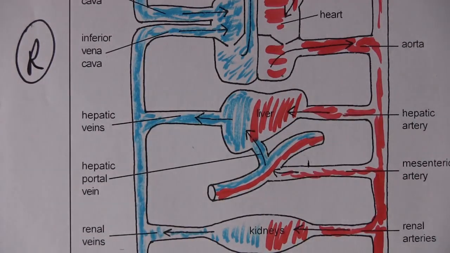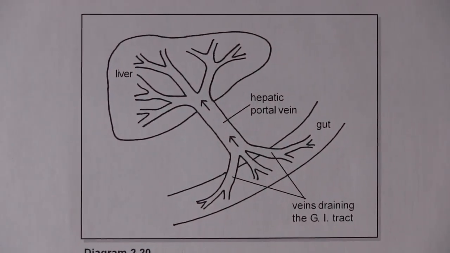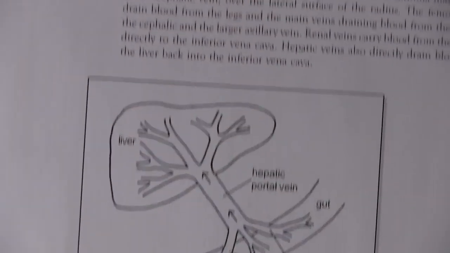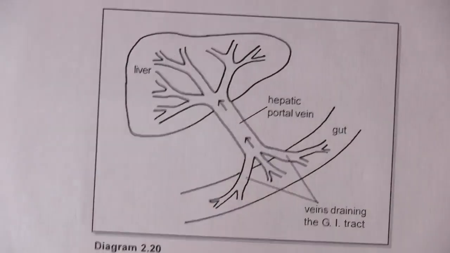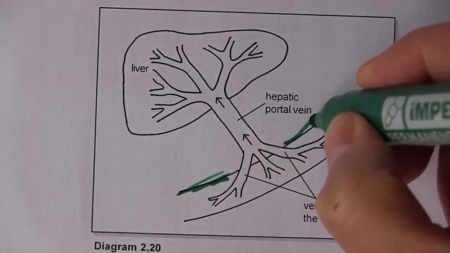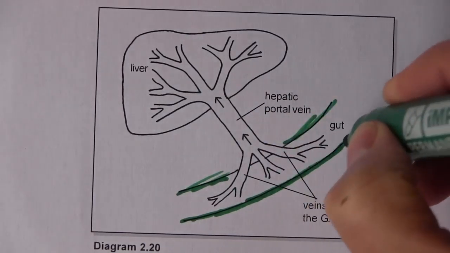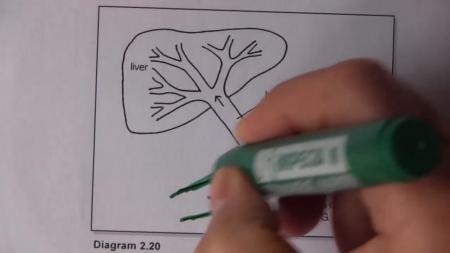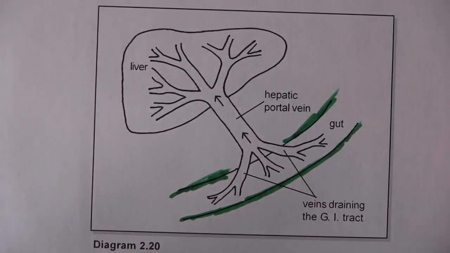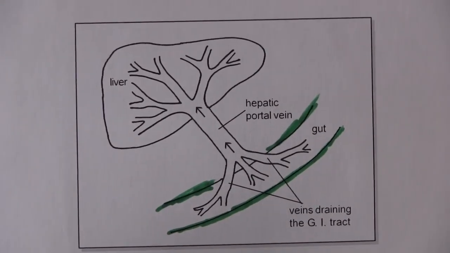Let's just look at that in more detail. And here we see that here. Again, diagram from the physiology notes book. So here we have the gastrointestinal tract, which isn't green, but I'm going to draw it green. So that's the gastrointestinal tract there, the gut. All the way from the food pipe through to the very back part of the colon, through to the rectum, the gastrointestinal tract, the gut, the digestive system.